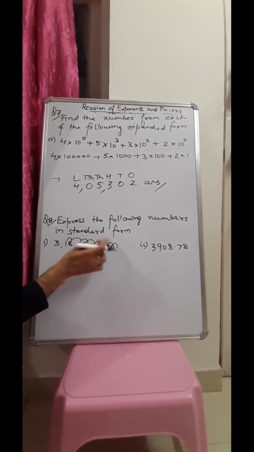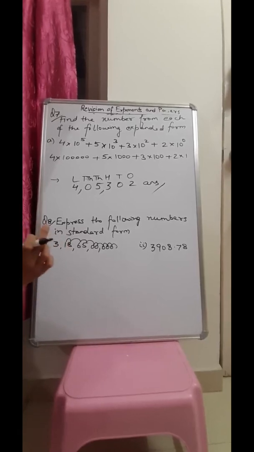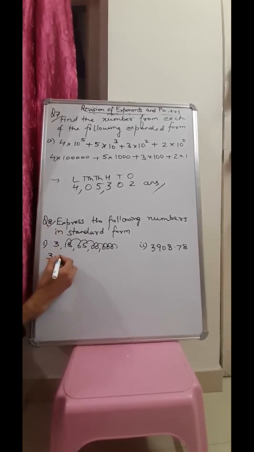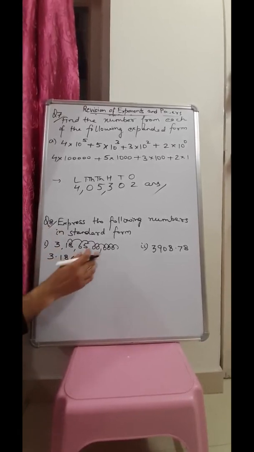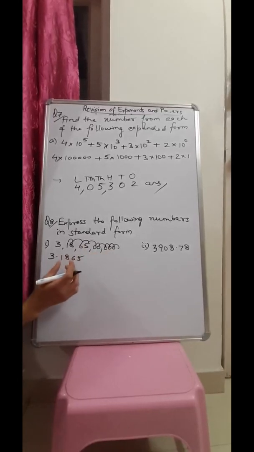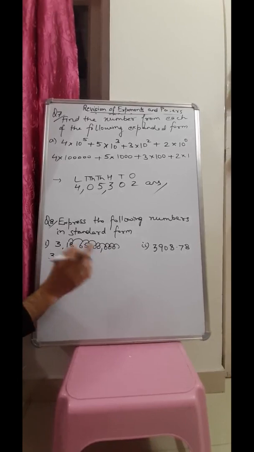Why am I shifting 9 decimal places? Because that number has to be between 0 and 10. So when we shift the decimal, it will become 3.1865. And there is no need to write zeros, because after the decimal there are digits, so no need to write 0.